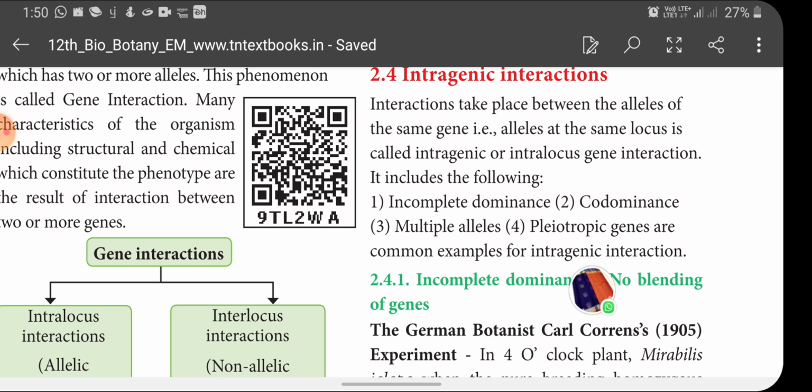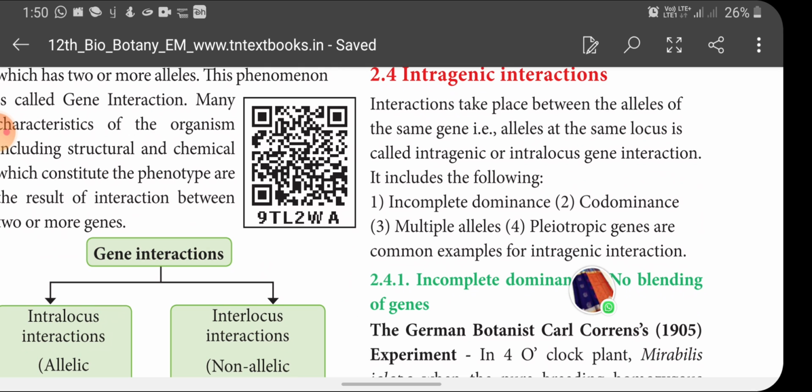When interaction takes place between the alleles of the same gene, that is alleles at the same locus, it is called intragenic or intralocus gene interaction. Genes have a particular locus in each chromosome, and each gene has two or more alleles.